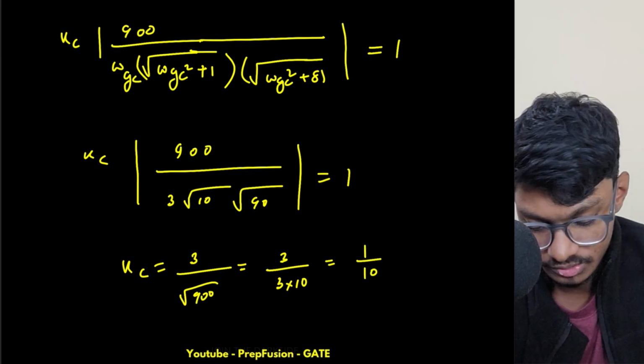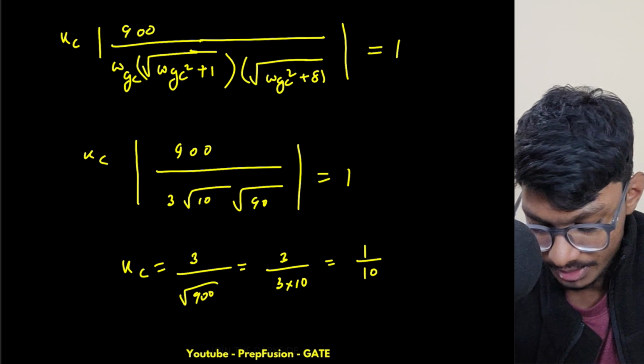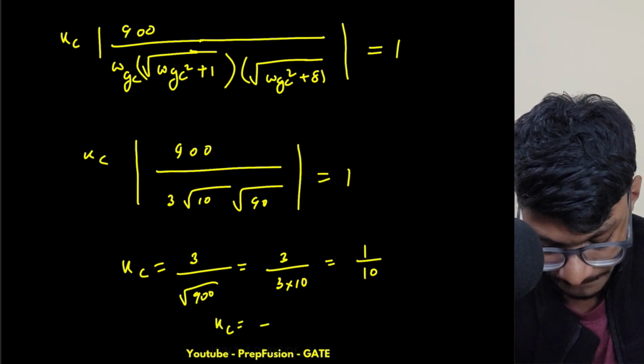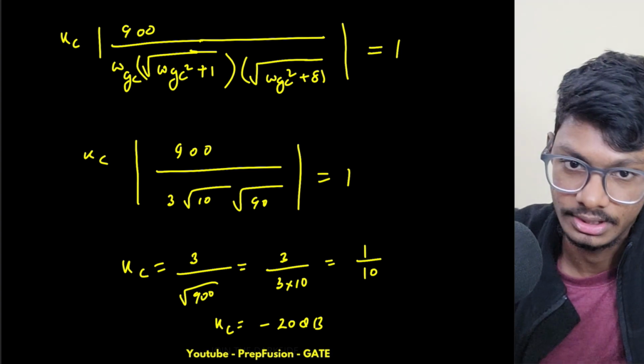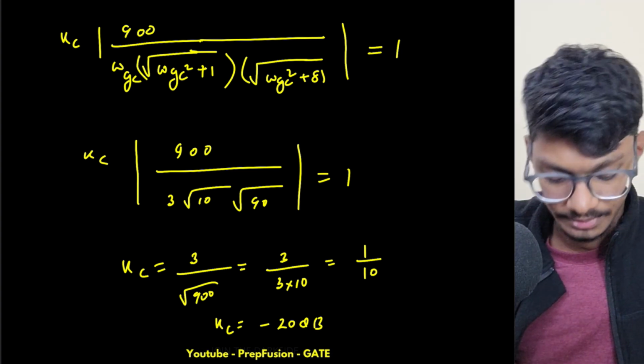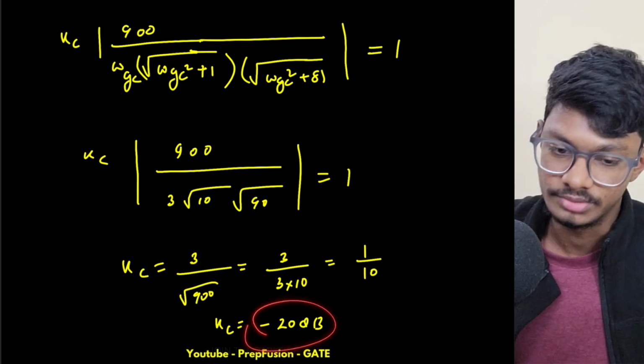So what is 1 by 10 in dBs? Log base 10 of 1 by 10 is minus 1, with 20 multiplied at the front, so it is minus 20 dBs.